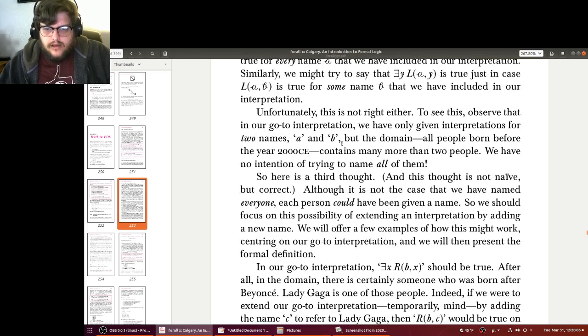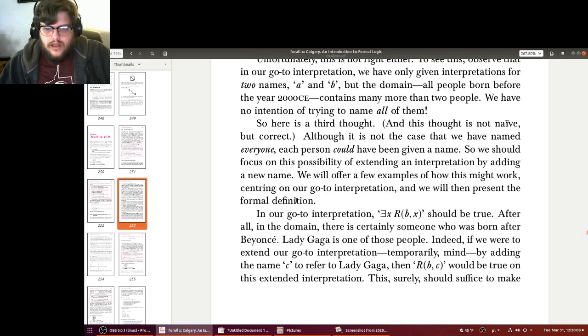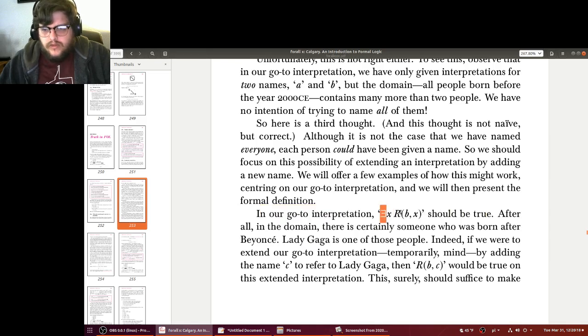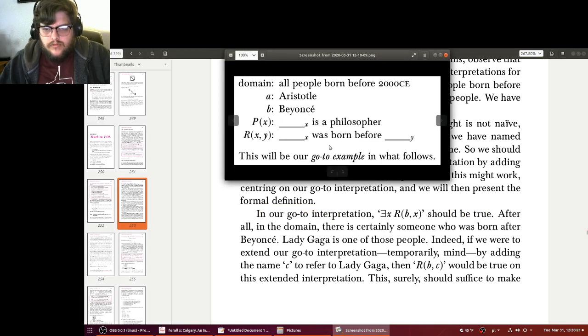Okay. I think you should just read through this carefully. I think me reading it to you isn't going to be super useful. But let's look at this example. In our go-to interpretation, there exists x, RBx. So it'd be there exists x, that x was born before Beyonce, should be true, because there are people in that domain born before Beyonce was born.